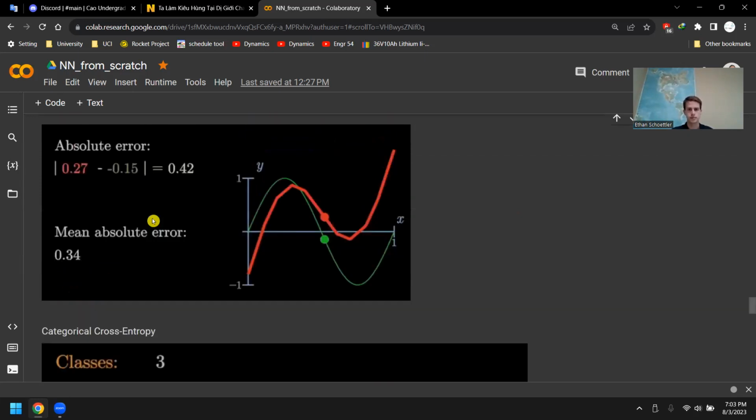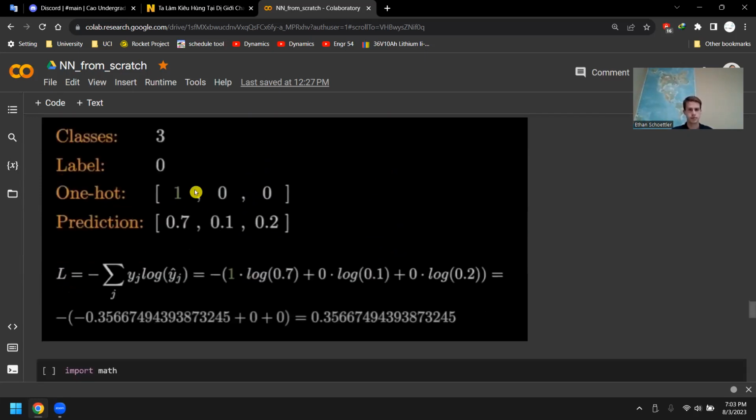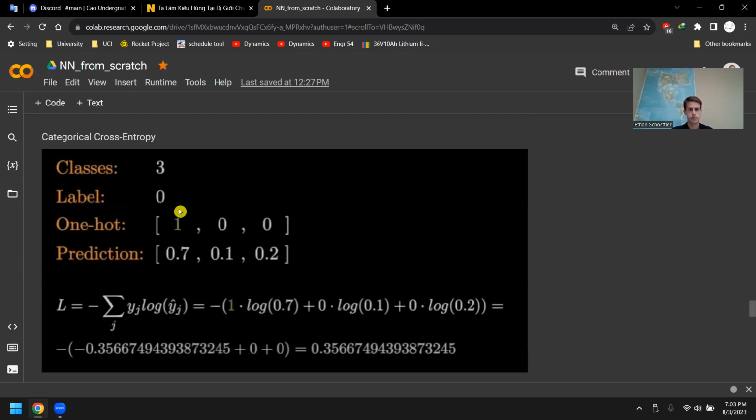But anyways, with the loss function, the last time I tried to explain this, I wasn't very sure. This time I'm a lot more confident. So this is the class, which specifies the length of the one-hot vector, and the label is the index in the one-hot vector that is going to be one.